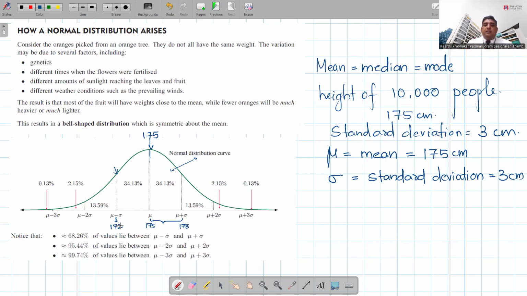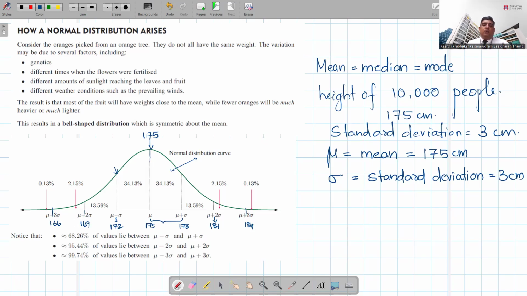That's what this means. So this is mu plus 2 times standard deviation. This is 181, and this here is 184. This here is 169. This here is 166.